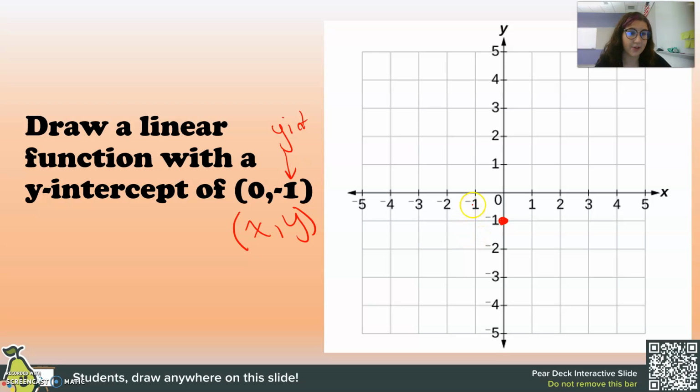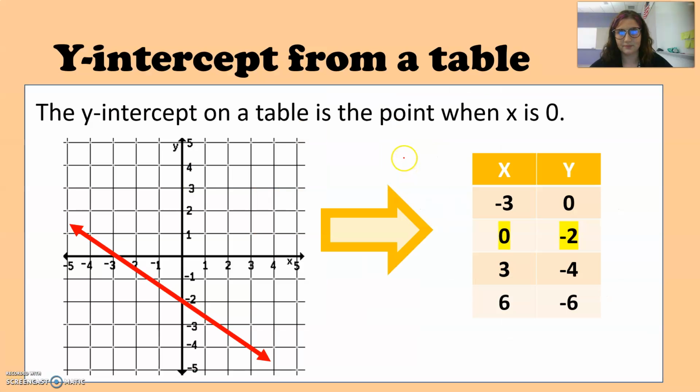Now I can just pick any other point and draw a line through it, so you can get a little creative here. I'm going to pick a point over here, just a random one, and then draw a line through it. And it's a little wonky, but it's still a line. So that is a line with a y-intercept of 0, -1, or a y-intercept of -1.